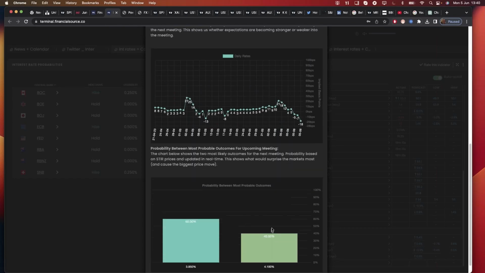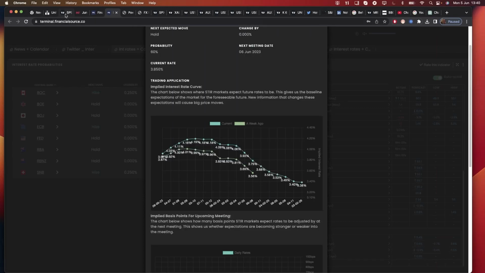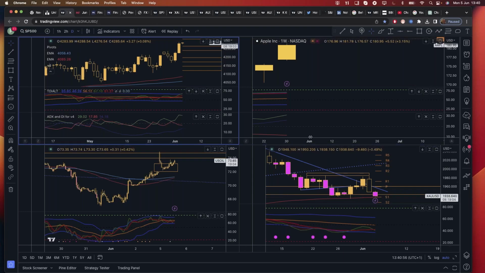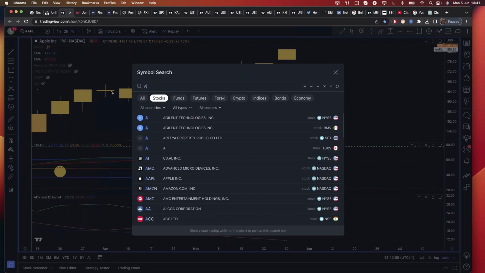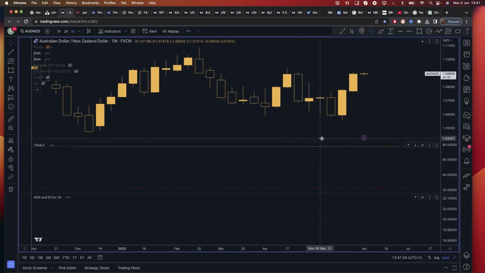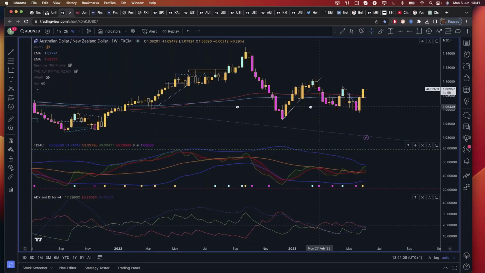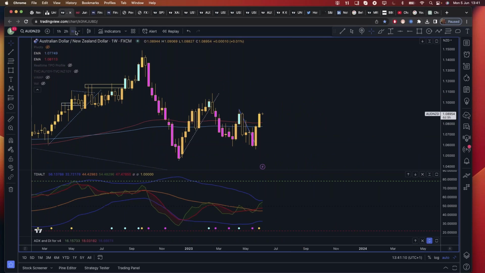So if they hike by another 25 basis points, then you'd expect the Aussie to gain against the New Zealand dollar. So the currency pair I'd be looking at will be the Aussie New Zealand dollar pair. I would expect that to surge higher, right? Now let's just collapse that pane, right?